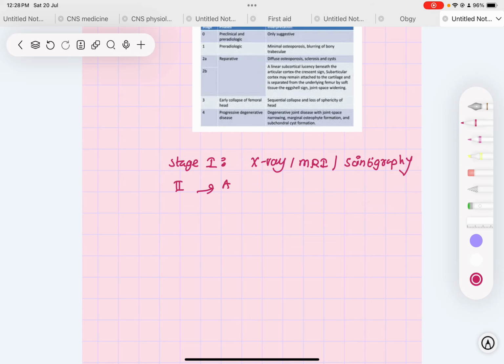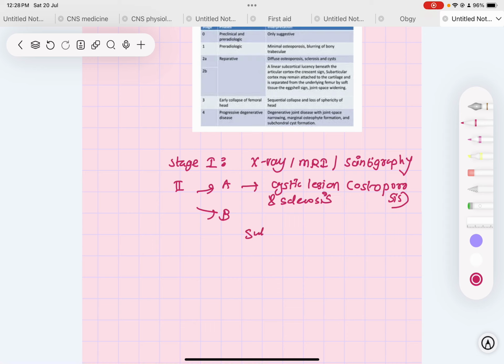Stage 2 has A and B. In A, due to avascular necrosis, there will be cystic lesions, meaning osteoporosis, and sclerosis also.